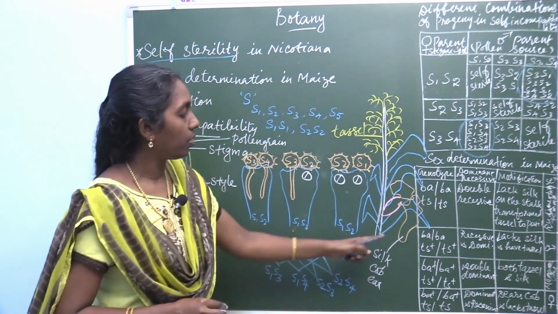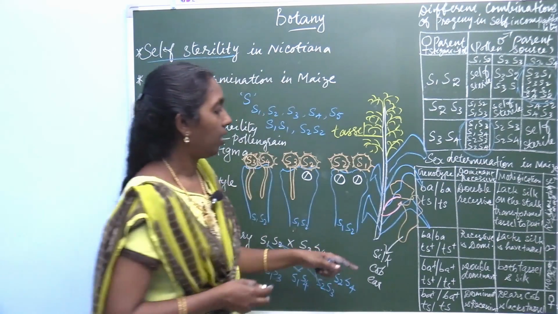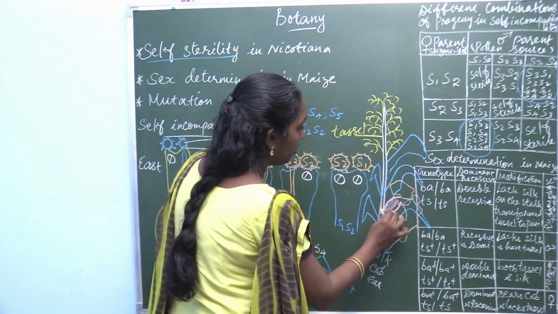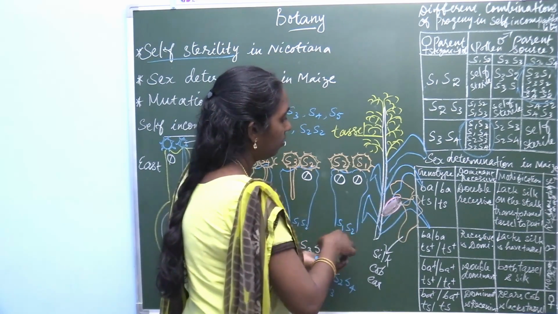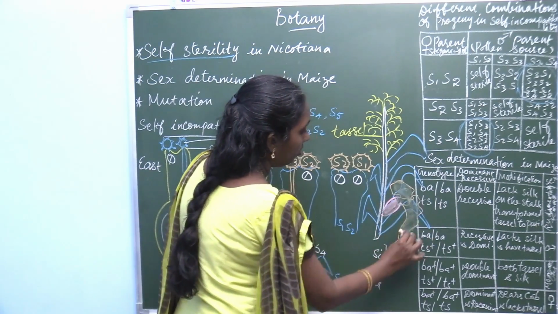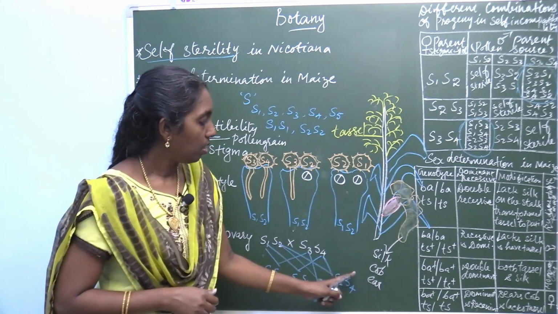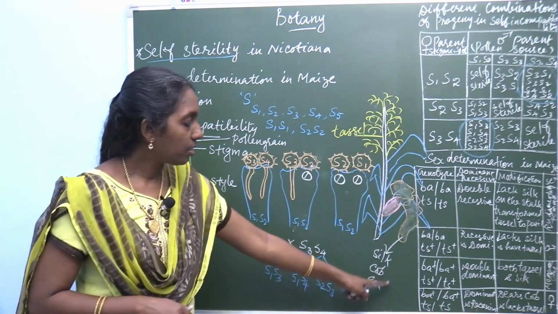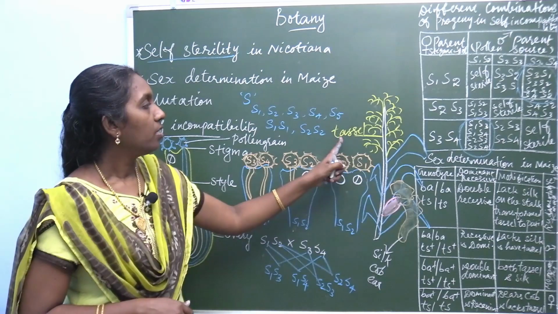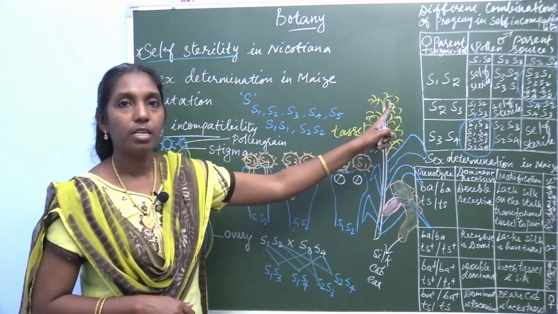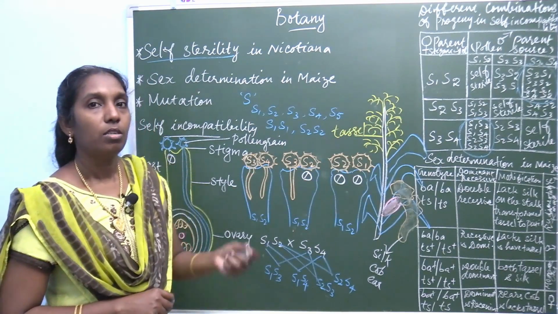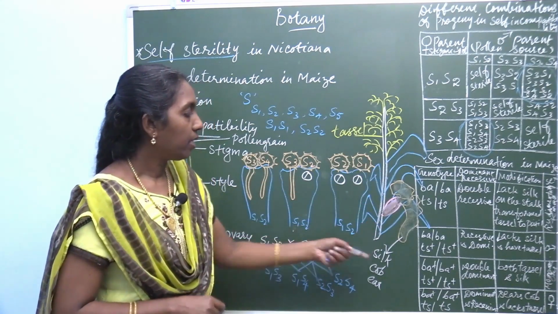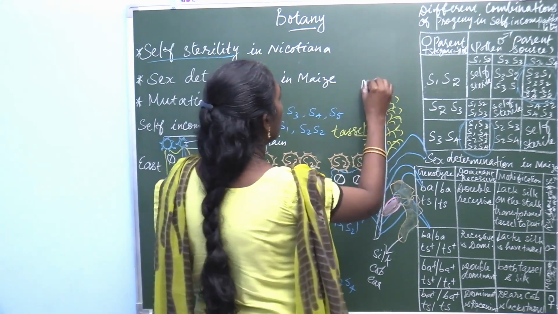Three different names for this female flower: silk, cob and ear. This is the tassel; the tassel is the male inflorescence. So, monoecious plant, the maize plant.